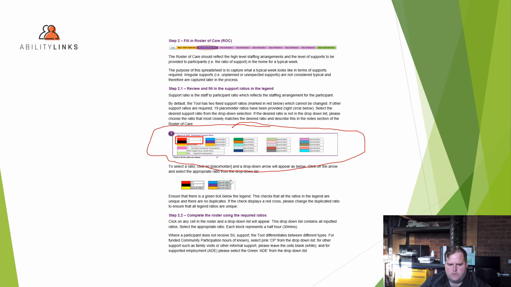Just make sure that the colors correspond with the level of support that's being delivered. And just remember, if you're asking for higher support ratios like 1:1 or 2:1, to have justification for that.